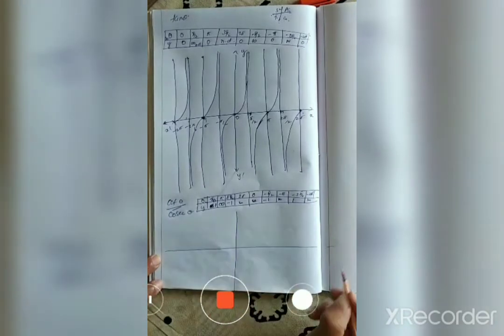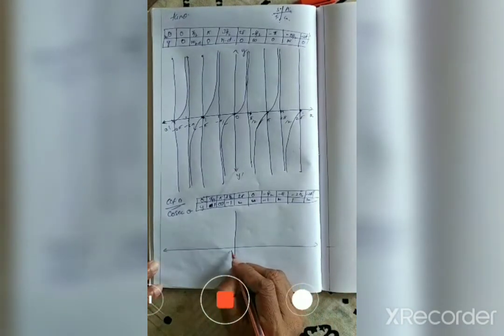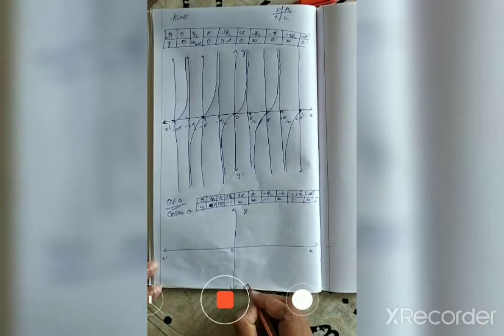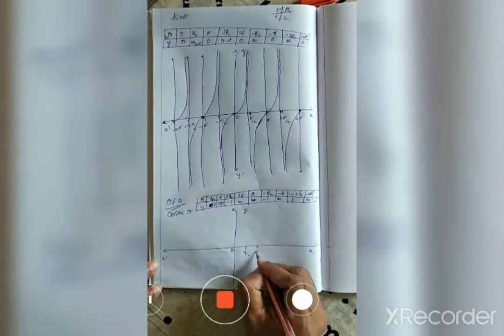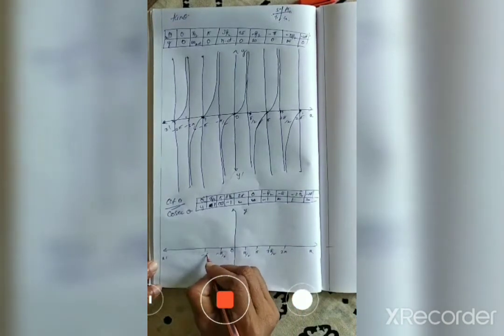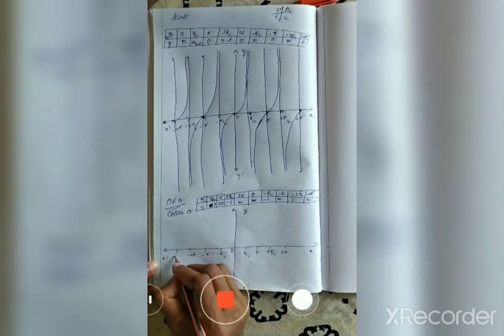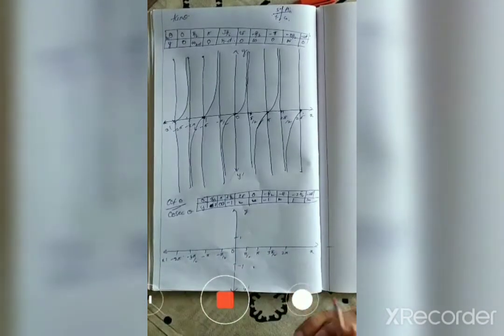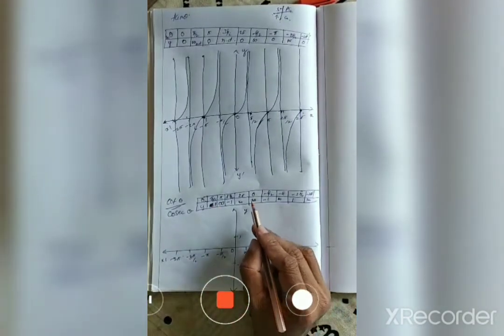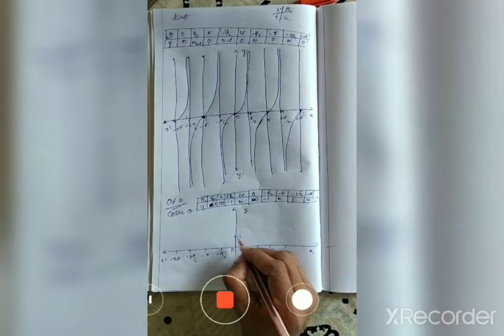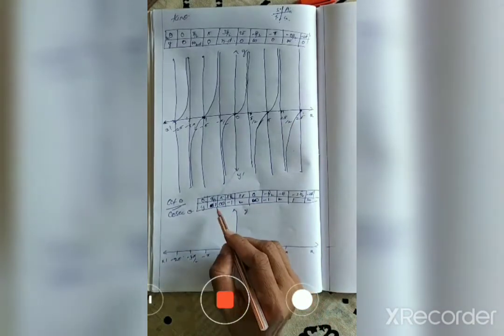Graph. Cosecant 0 is not defined, we cannot mark it now.